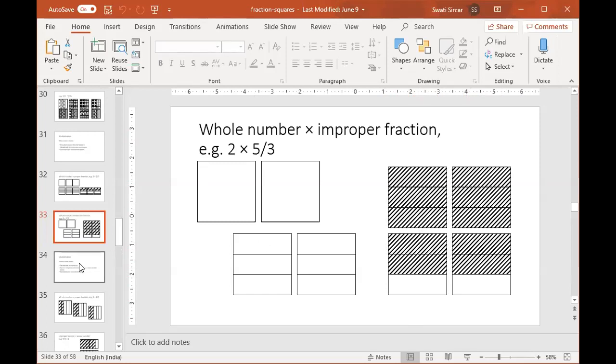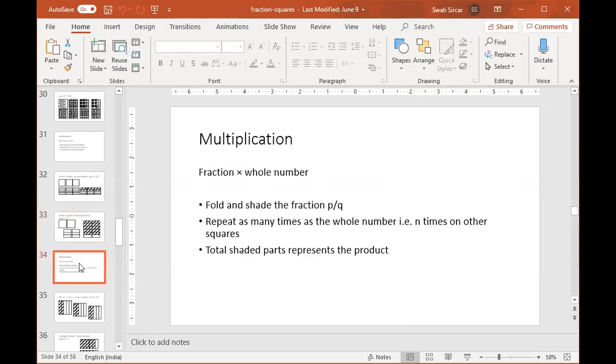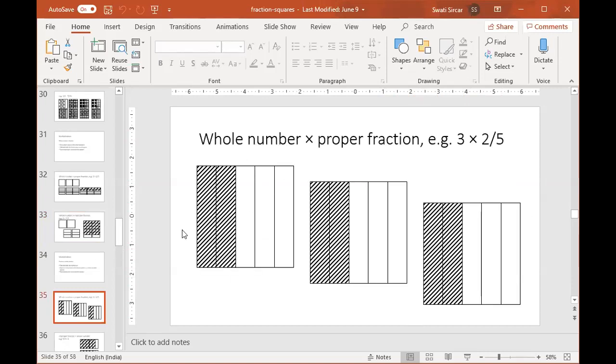Now similarly, when you do fraction times a whole number, then it is like repeated addition. Okay, hang on.